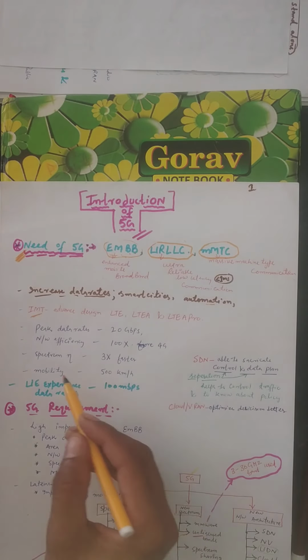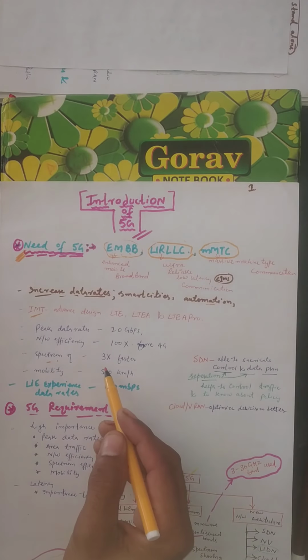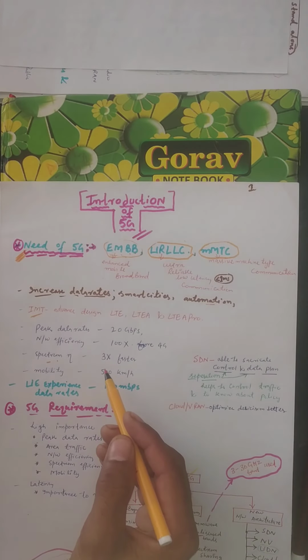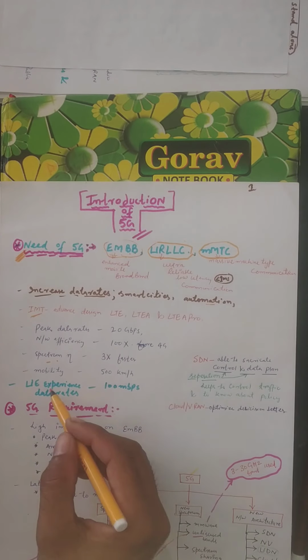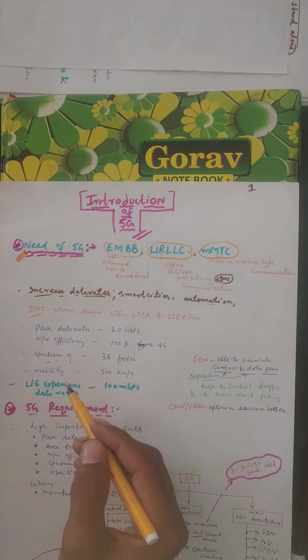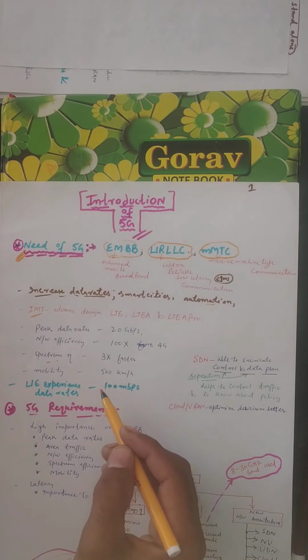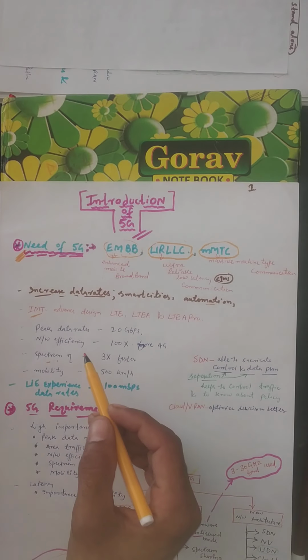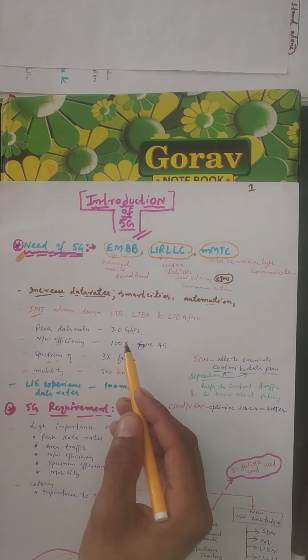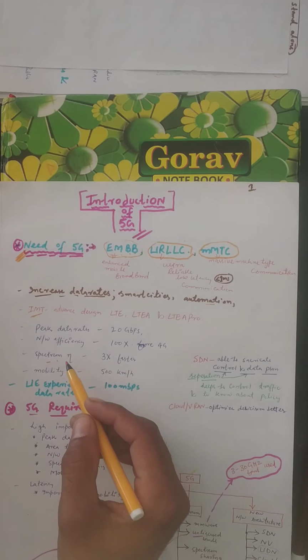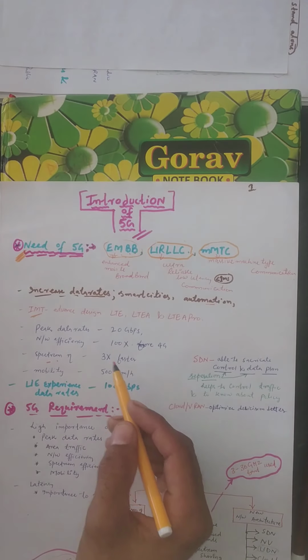Spectrum efficiency is also increased, it's 3 times better than 4G. And the mobility is 500 kilometers per hour. So basically, peak data rates are increased to 20 gigabits per second, and network efficiency is 100 times better than 4G.